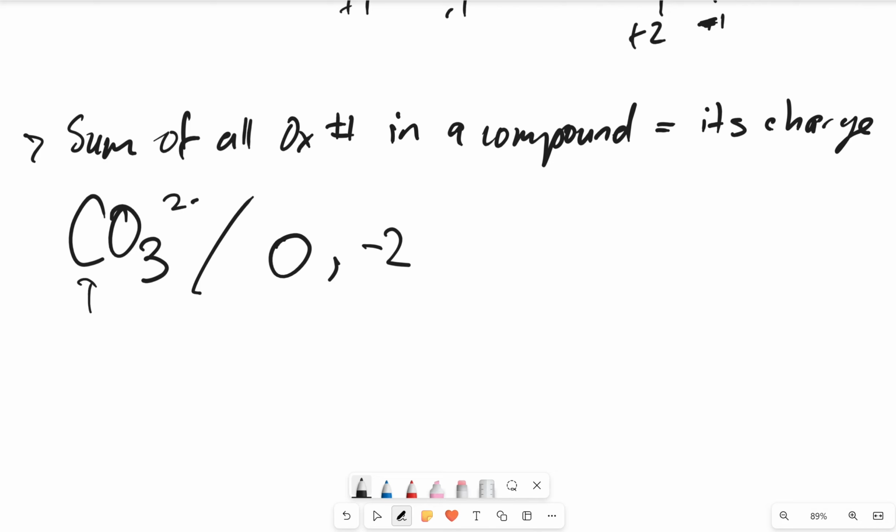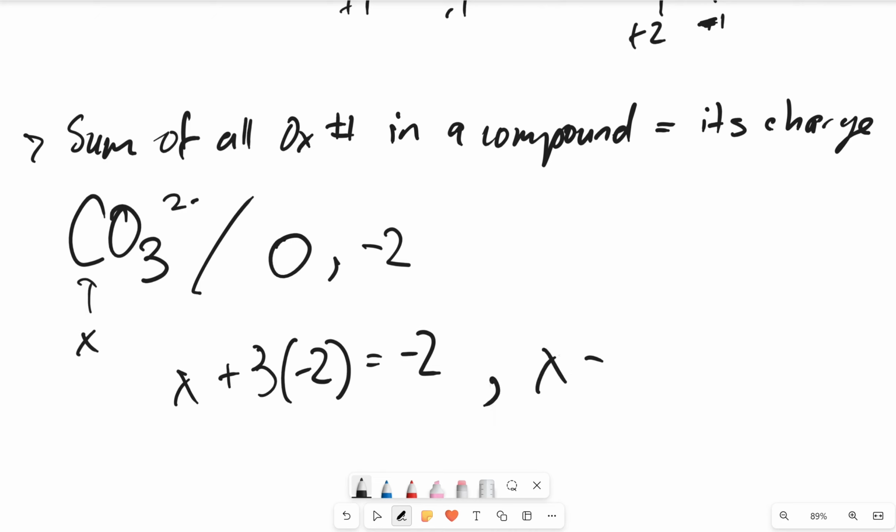Okay, then let's figure out carbon's oxidation number. Well, we can do some simple math and assign X for carbon. Then we know that X plus 3 times -2 is going to be equal to -2. Solve that out, we figure out that X equals 4. Right, so carbon's oxidation number is going to be positive 4.